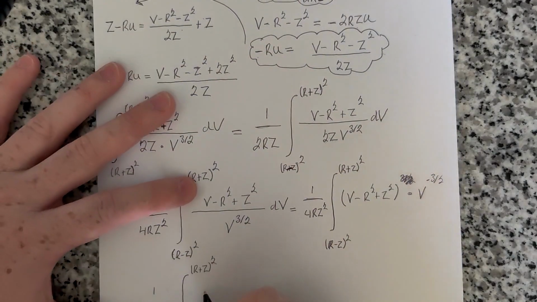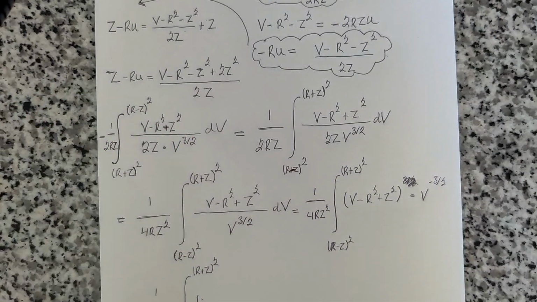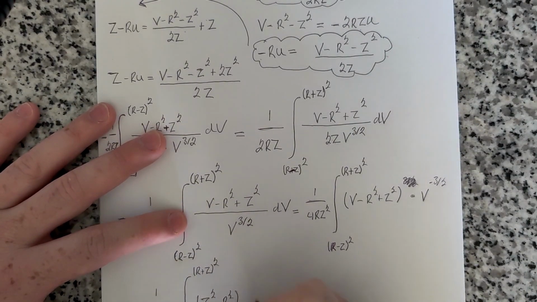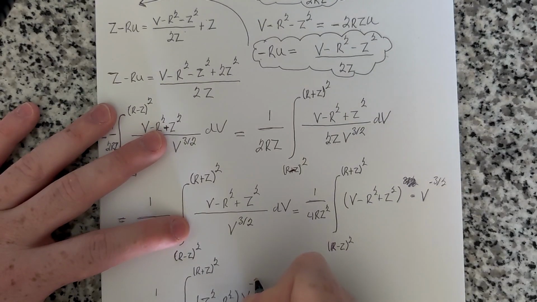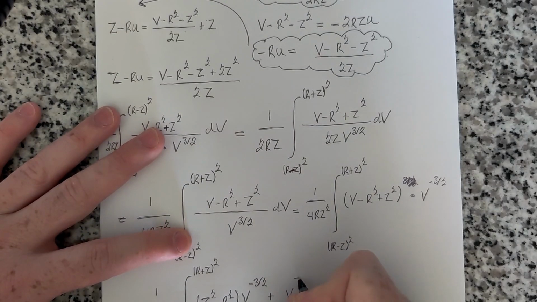So this can be written as z squared minus r squared times v to the minus 3/2, and then plus v to the minus 1/2.